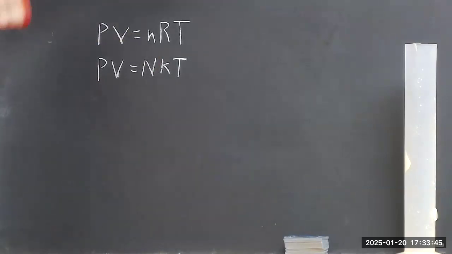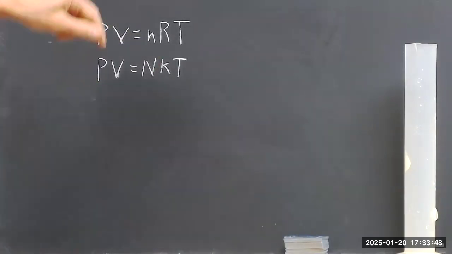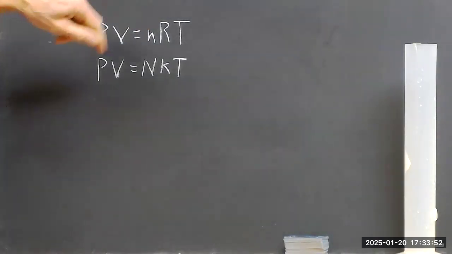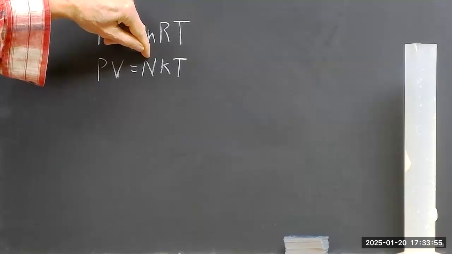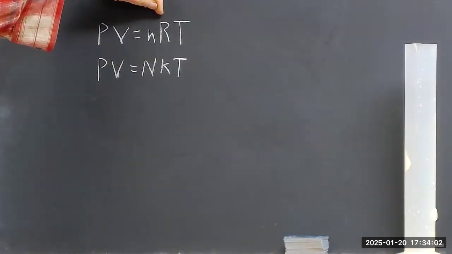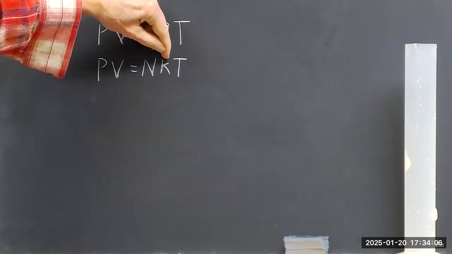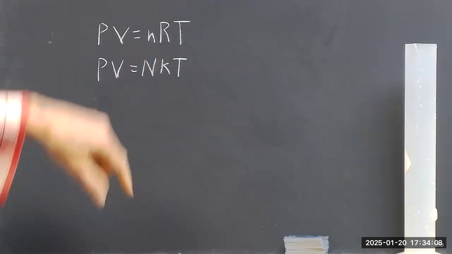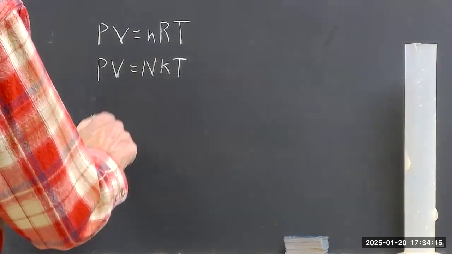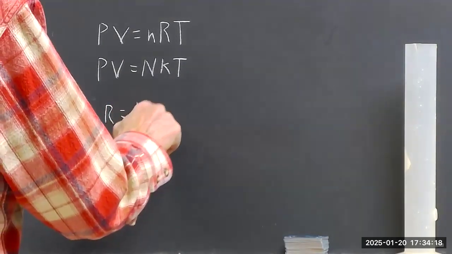This is something you should never forget if you've had a chemistry course: that's the number of moles of a gas. And the capital N is the number of particles. Okay. Now, capital R is your gas constant. Capital N times k has to equal little n times R, since P, V and T are the same in both equations. So we can just note that nR equals NkT.